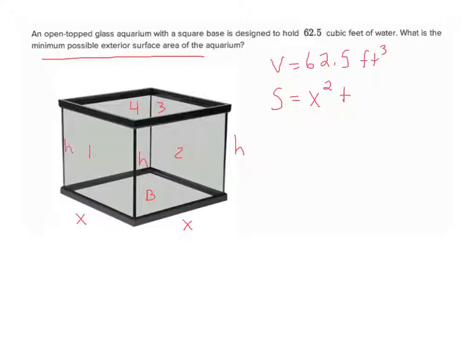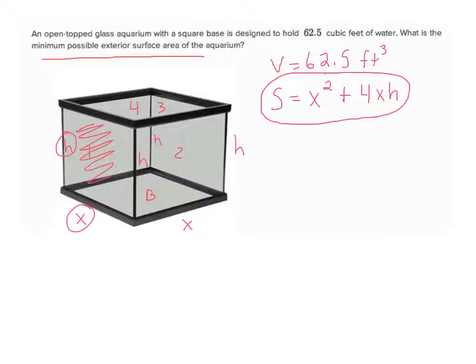That's H, this is H, and this height in the back's H. So this side will be X times H, and so will all the sides. So you've got four sides times XH. And so what I did in this formula here is I derived the surface area formula of the cube.